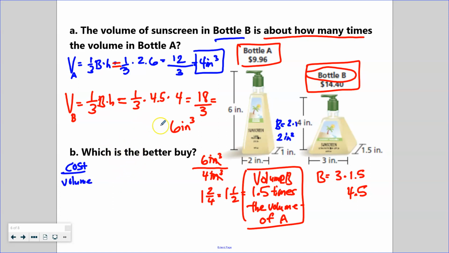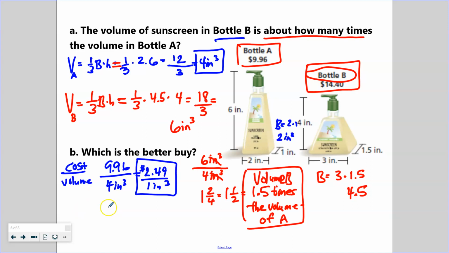Okay. So bottle A is $9.96 for 4 cubic inches of sunscreen. So that's $2.49 per 1 cubic inch. Remember these unit rates.